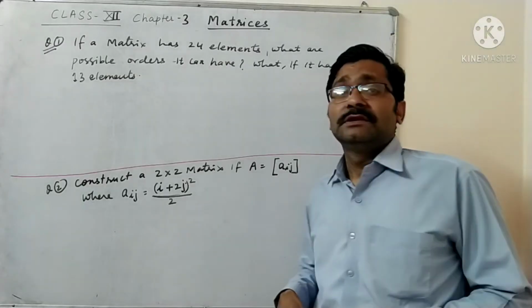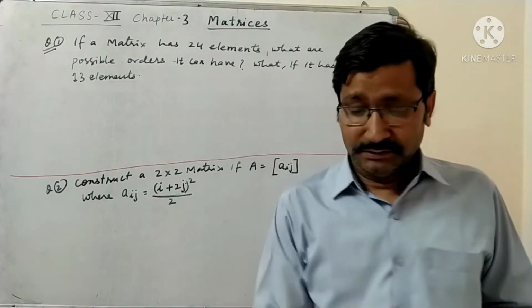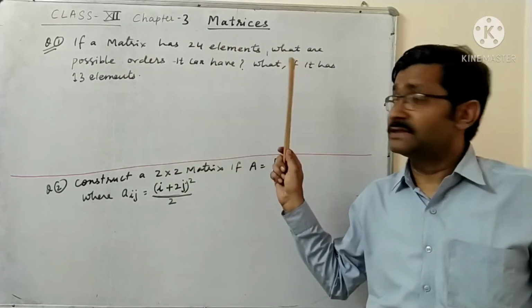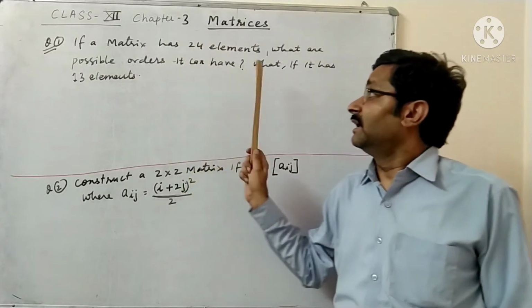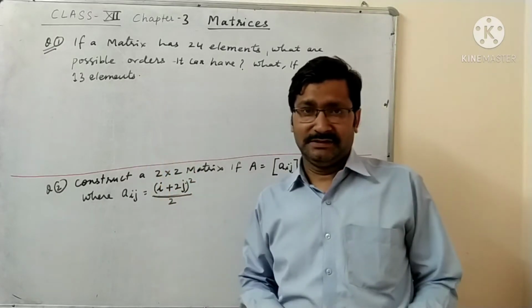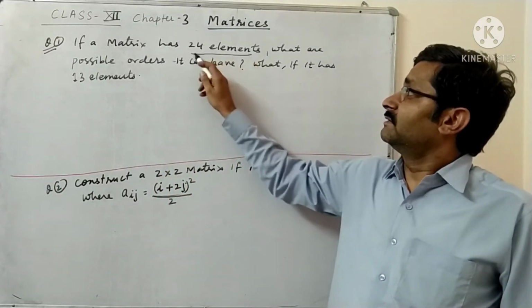Look here, students. Now we will do two questions. First question is, if a matrix has 24 elements, what are the possible orders it can have, and what if it has 13 elements? So first of all, 24 elements we have.